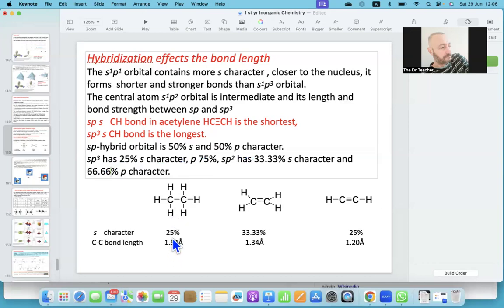So now, if you see in ethane, the S character is 25%, and the bond length between carbon-carbon is 1.54 angstrom. The double bond here and the triple bond, as we said.